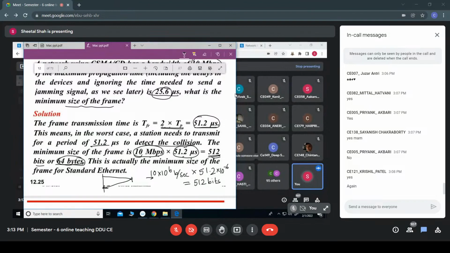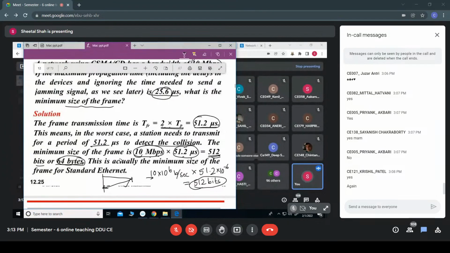Is this thing clear, everyone? Why is this twice the propagation delay? You have to continuously send the frame, up to 512 bits. Then only it would be a successful transmission, and that should be for 51.2 microseconds. Hope this is clear, everyone.